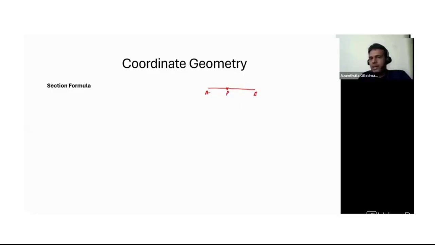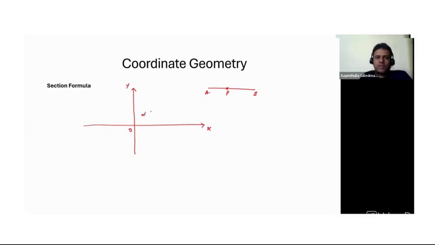We will see. Let's look at a coordinate plane now. Let's say this is the origin, this is the y-axis, and this is the x-axis, and I have 2 points.